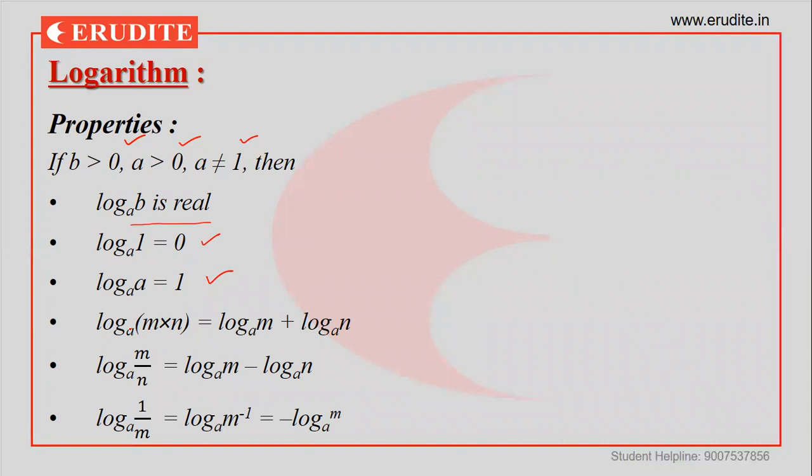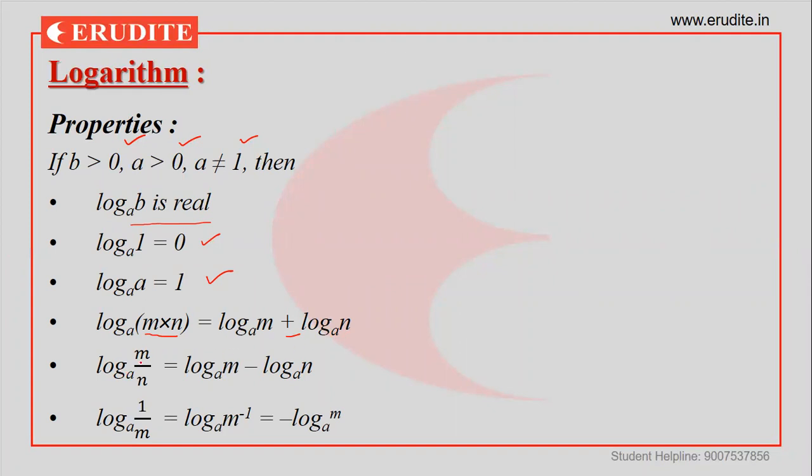Now I have written log of m into n to the base a, and whenever this is written in product format, ultimately it would open as an addition format: log of m to the base a plus log of n to the base a.